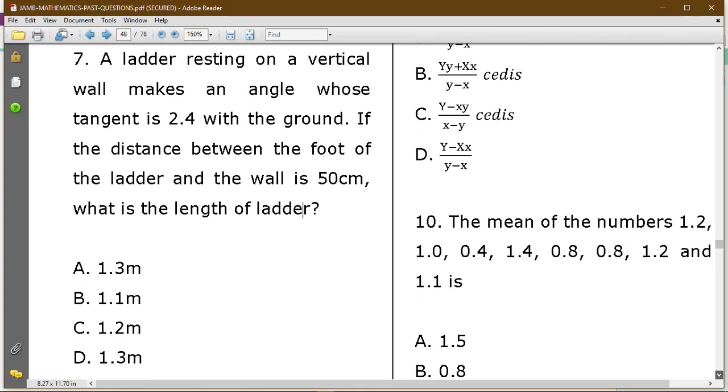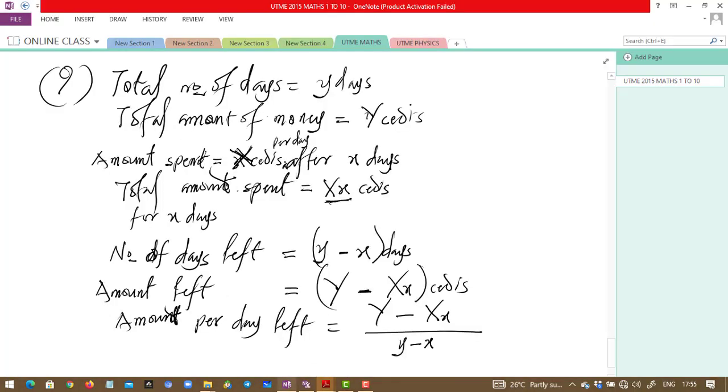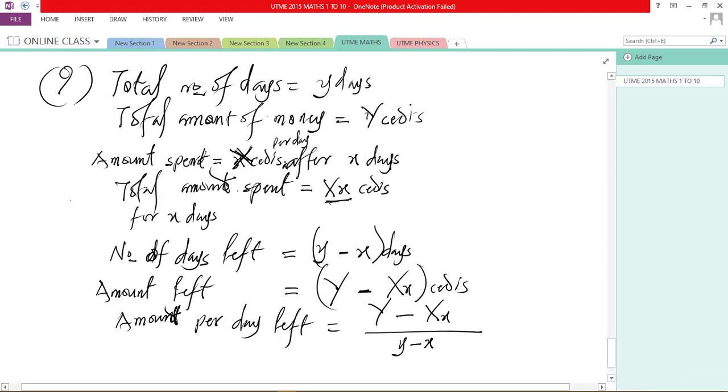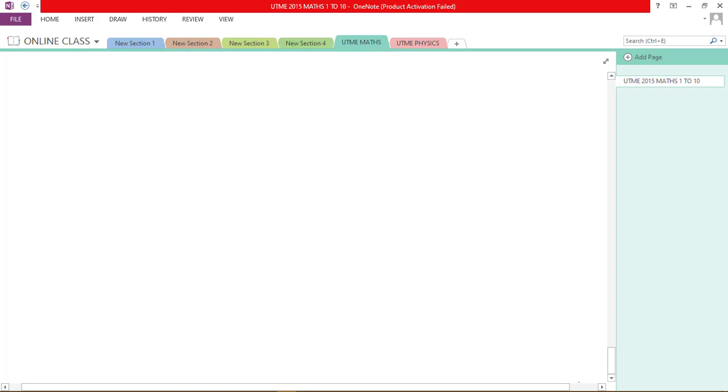So we go to number 10 now. Number 10, which is the last question to be solved today. So here the answer to number 9 is D. Number 10, they say we should find the mean.